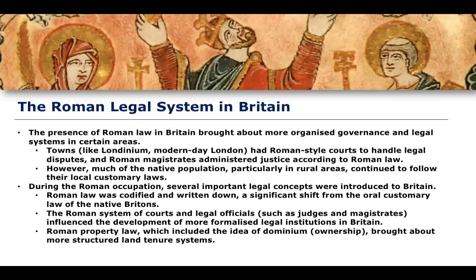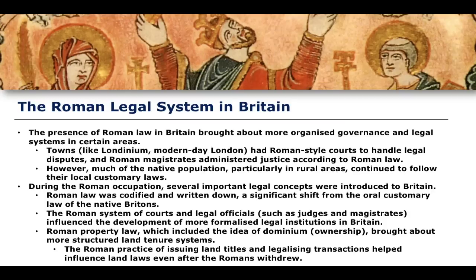Roman property law also was quite influential, including things like the idea of dominium, which brought about more structured land tenure systems. And the Roman practice of issuing land titles and legalized transactions also helped influence land laws even after the Romans withdrew.